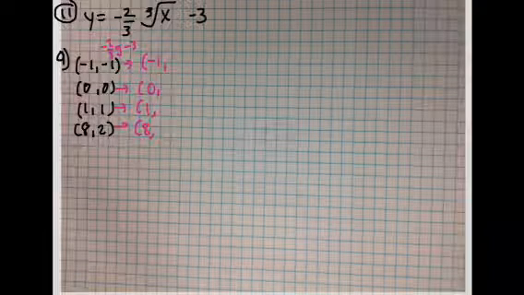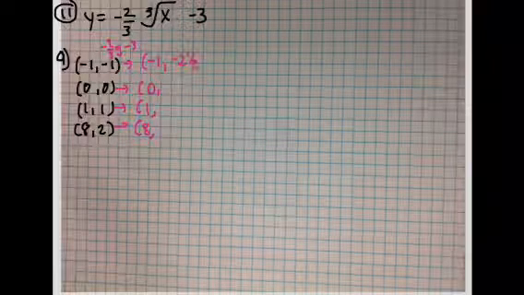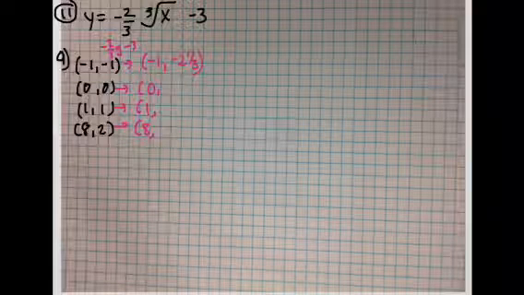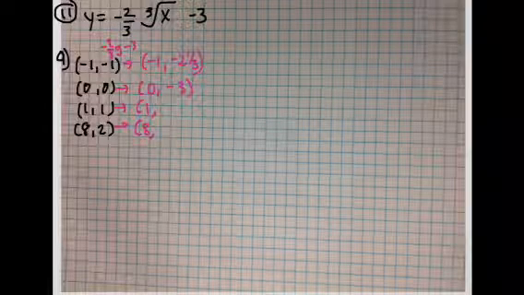Okay, so negative 2/3 times negative 1 is positive 2/3. So that means when you subtract 3 from that, you get negative 2 1/3. 0 times negative 2/3 is 0, minus 3 is negative 3. 1 times negative 2/3 is negative 2/3, minus 3 is negative 3 2/3. And then 8 times negative 2/3 is negative 16/3.